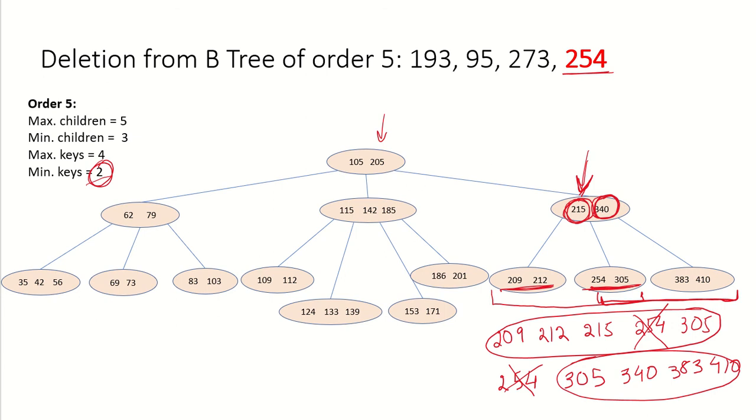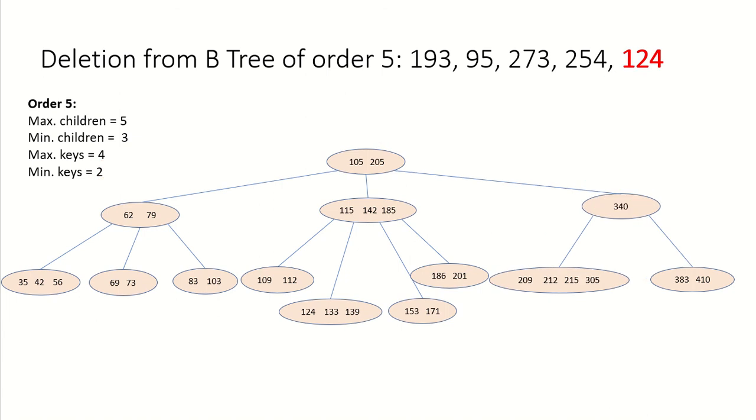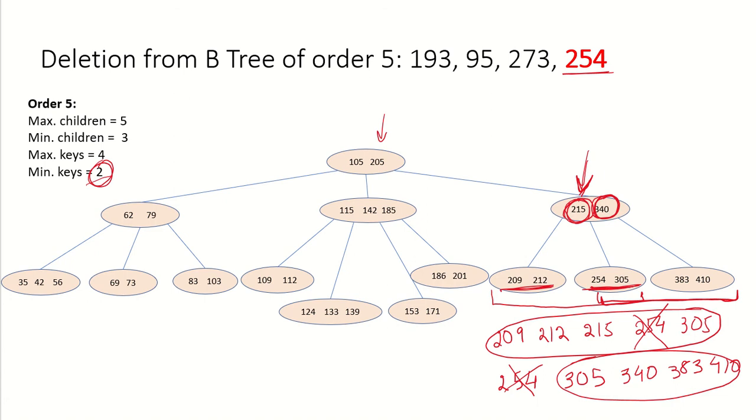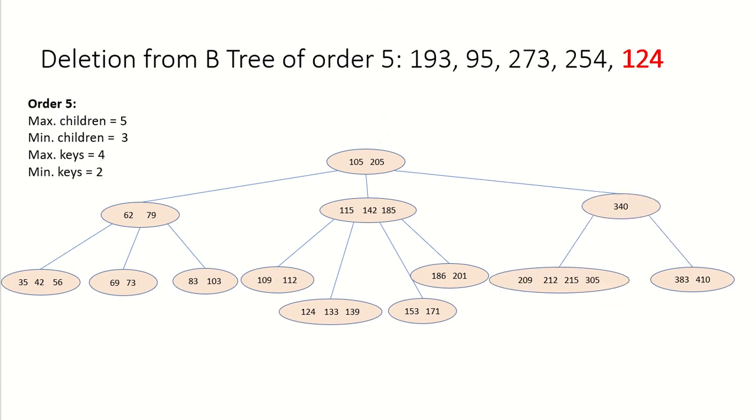Then only this property will be maintained. So suppose we merge it with the left sibling, this is the case, and we are left with 209, 212, 215 and 305, and in this node only 340 will be remaining.